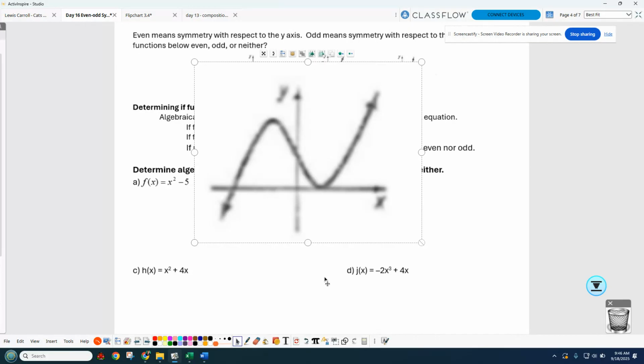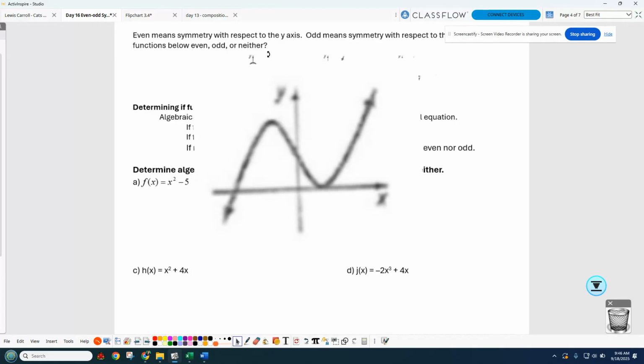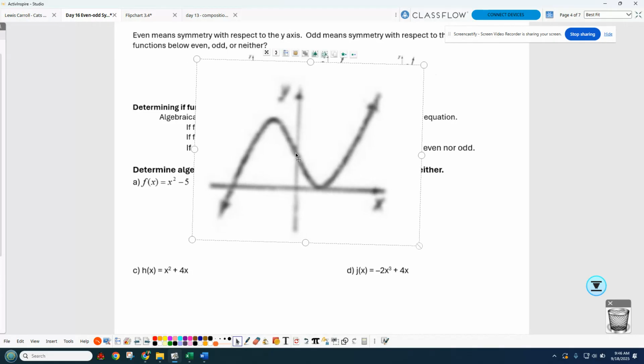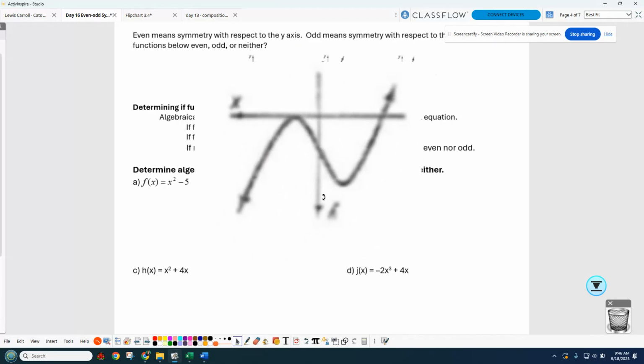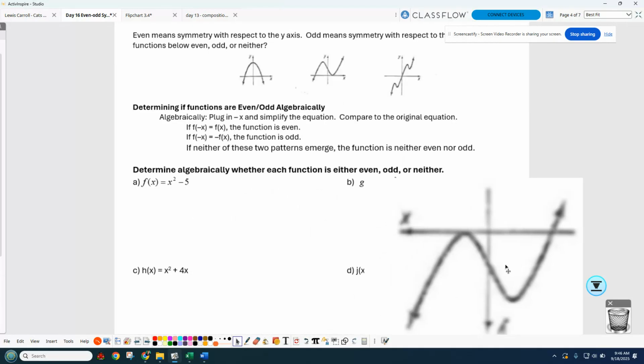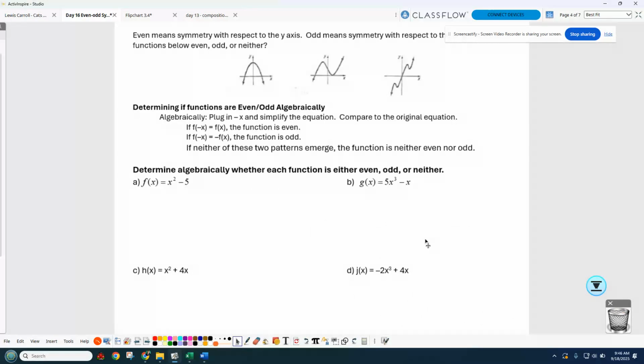If you flip it over, like you flip it upside down and it mirrors itself. Okay, so if you turn it upside down and it mirrors itself. So if I turn it around the origin, this was up here, okay. If I spin it around the origin, do I see exactly the same thing? No. This y-intercept was a positive, now it's a negative. So neither symmetry works. It's not even, it's not odd.